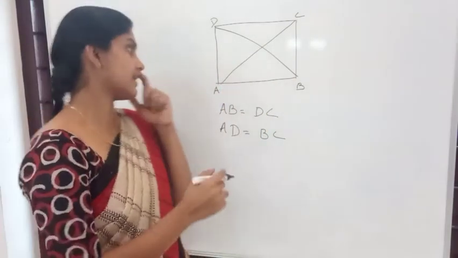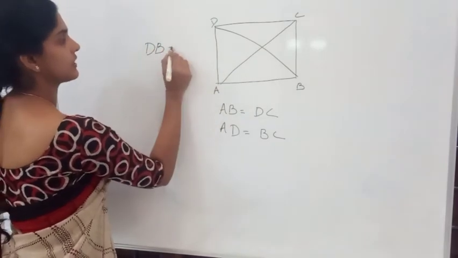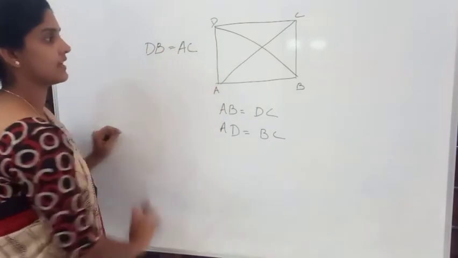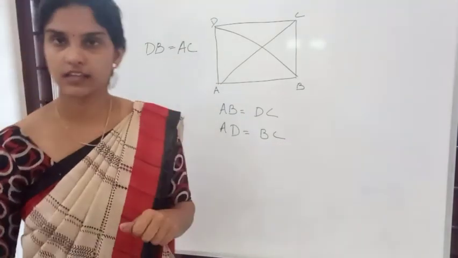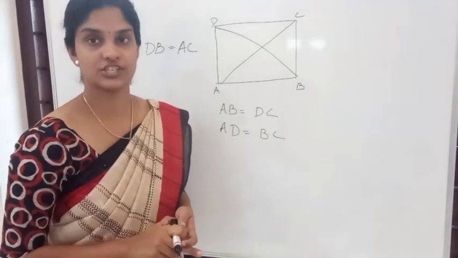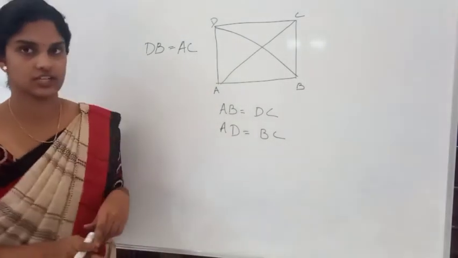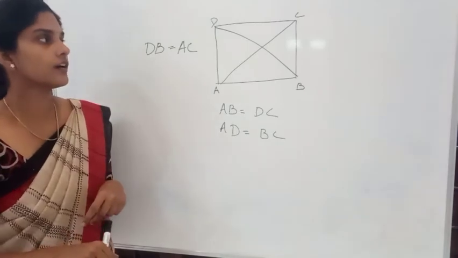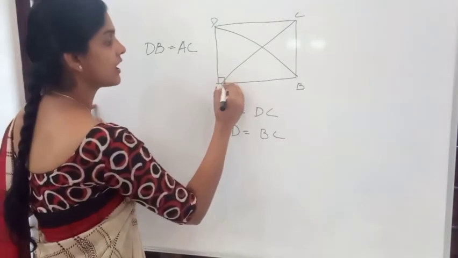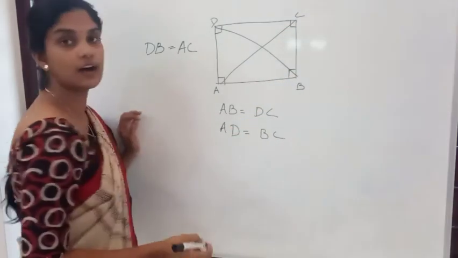These diagonals, that is BD, is equal to AC. The diagonals are equal and they bisect each other, right? The diagonals bisect each other. Then what? All these angles are what?